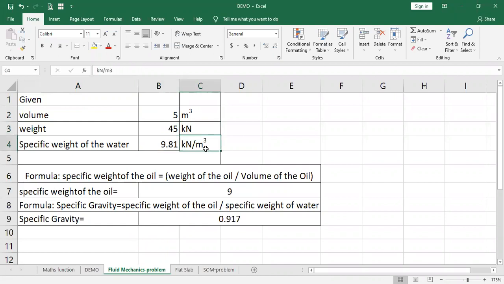So here, whatever the given data is, we can mark or highlight it so that we will be able to understand that this is the given part. I marked it with yellow color, but you can mark with any different color, so that it is distinguished from the other things, specifically the solution part.